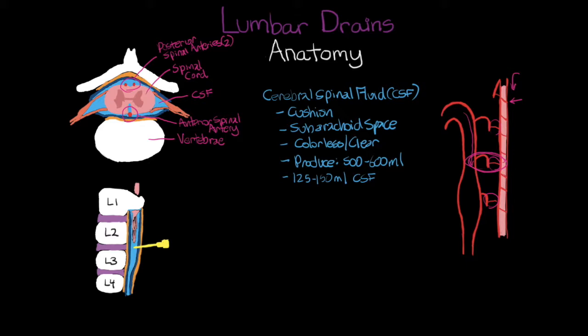Now that we've talked about the anatomy that plays an important role in understanding what is going on with our patients who have lumbar drains, I do want to talk about some of the pathophysiology in terms of what is actually going on and ultimately why we are having a lumbar drain. So again, as we briefly talked about before, we have our aortic cross-clamping.